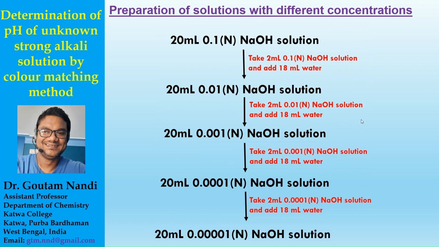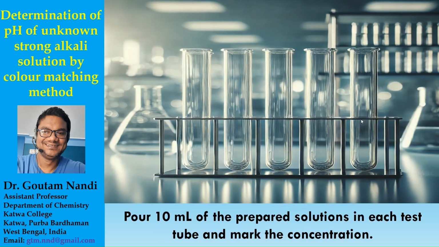Then we will take 5 clean test tubes of similar size, meaning the length and diameter should be similar, otherwise there will be a problem with the color gradient. Now we will pour 10 milliliter of the prepared solutions in each test tube and mark the concentration.